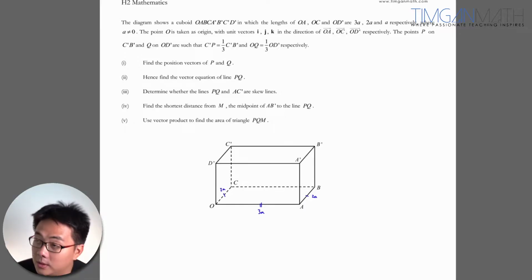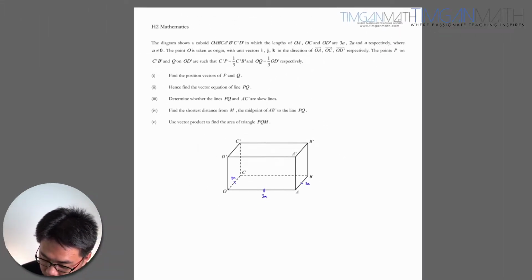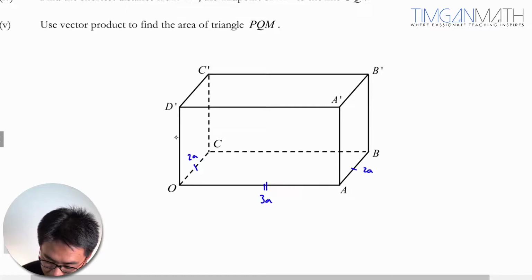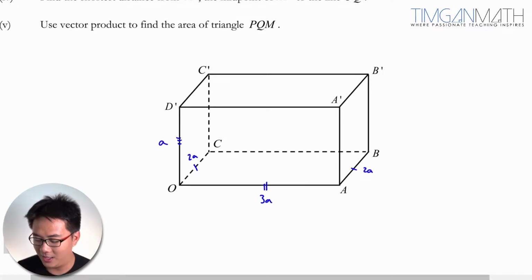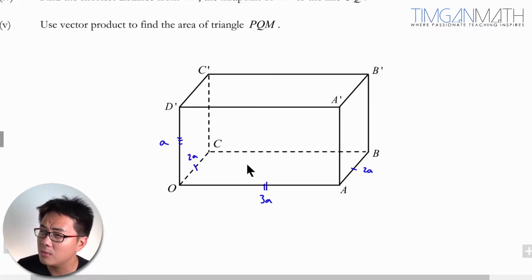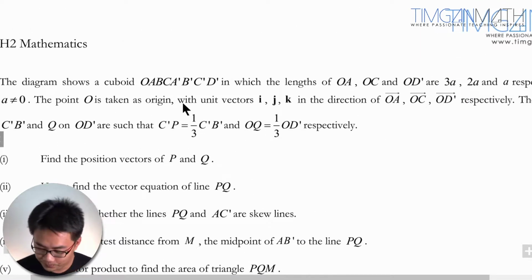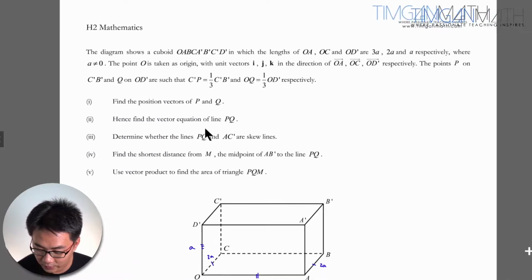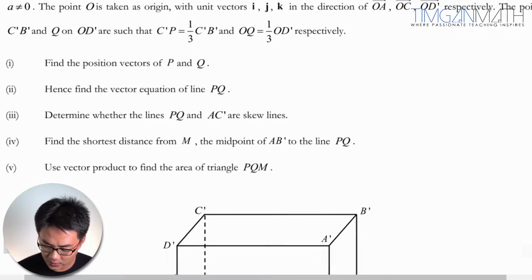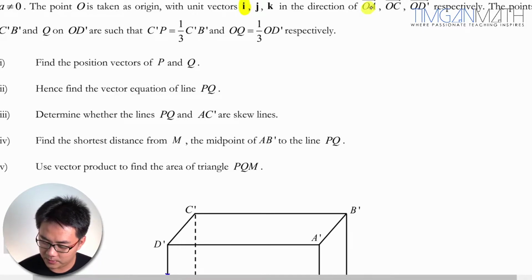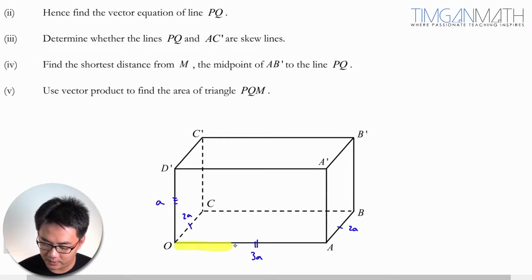Oh my goodness, sorry, the cuboid is a bit out of proportion, but it doesn't matter, it's just a matter of perspective, right? So O is taken as origin with unit vector i as OA, this corresponds to this. So just label it, because if you don't label it, you're probably going to get confused.